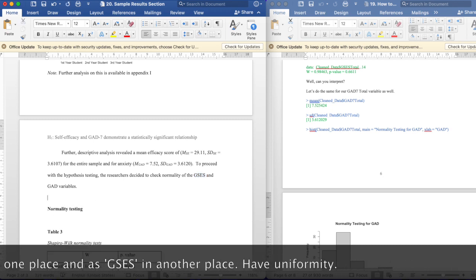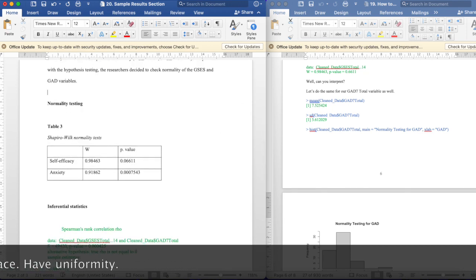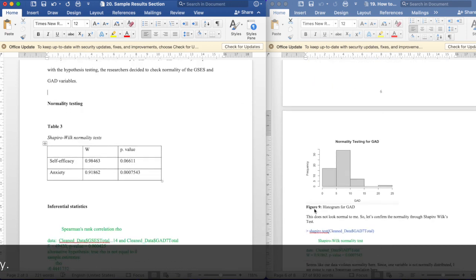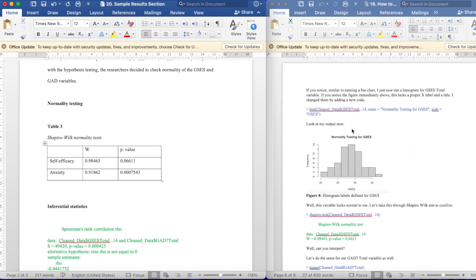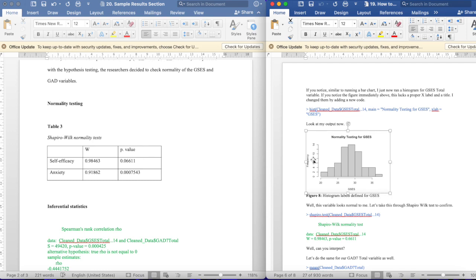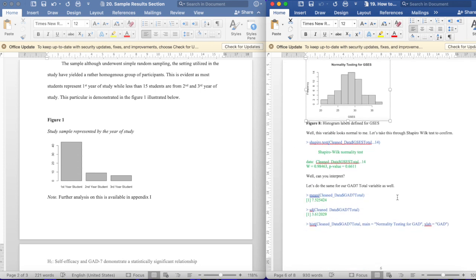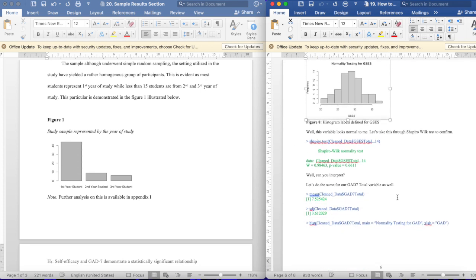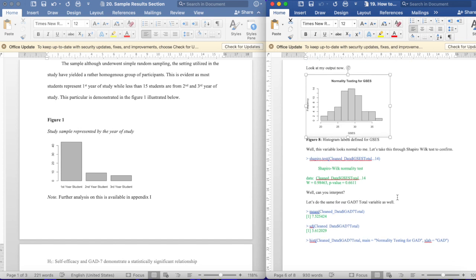Now here I'm going to include normality testing. So you can test normality with multiple methods. Now, one is this. You can, of course, generate histograms. If you generate a histogram, you can copy and paste it here and then follow the same figure formatting style. But the thing is, a results section usually has to be slightly concise as well.